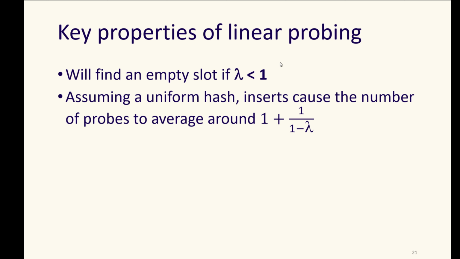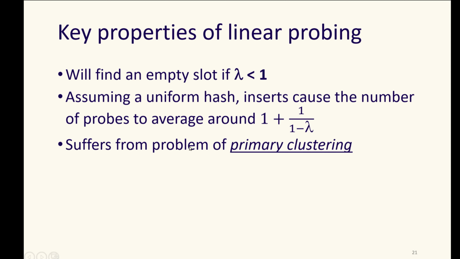It does suffer from the problem of primary clustering, meaning that we will fill spaces near where stuff was supposed to be inserted. It increases the number of collisions dramatically when you go to insert somewhere in the same area.